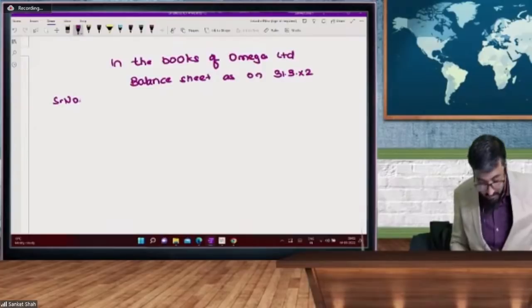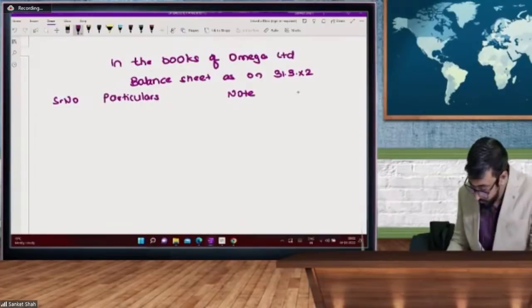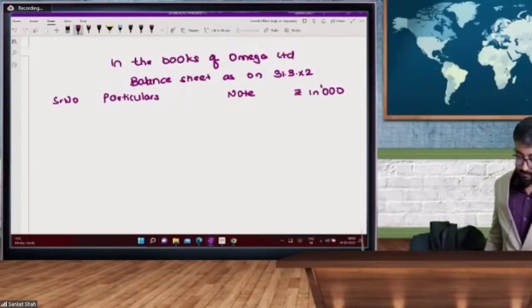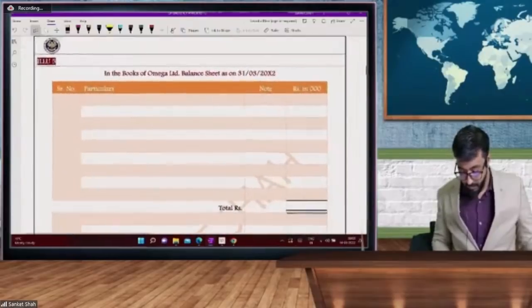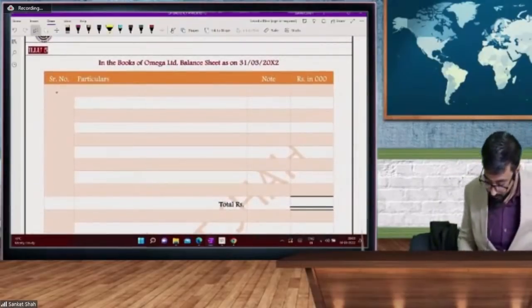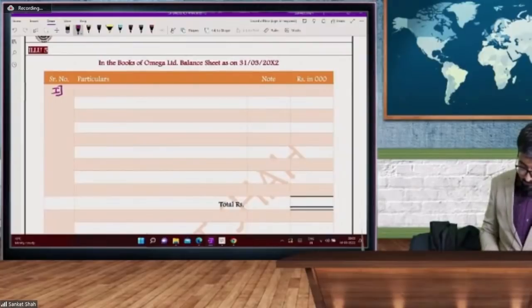Write down with me: serial number, particulars, note, and rupees in 1000. First finish the pro forma. Drawing afterwards. Roman 1.